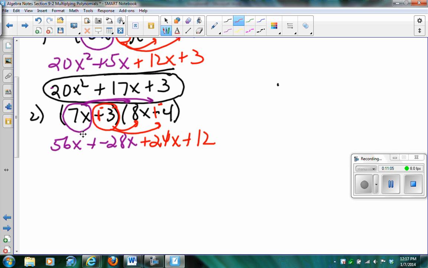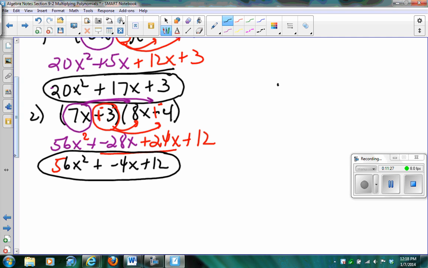Whoops, I'm sorry, this should have been 56x squared. Sorry. This is my highest term. I'm going to add my like terms together, and I have 56x squared plus a negative 52x plus 12. It is in descending order, so that is my final answer.